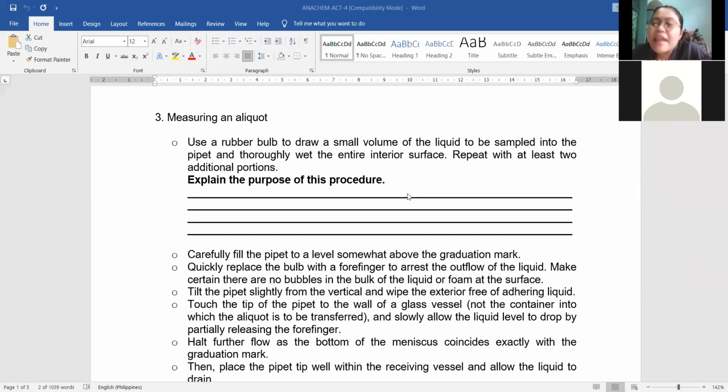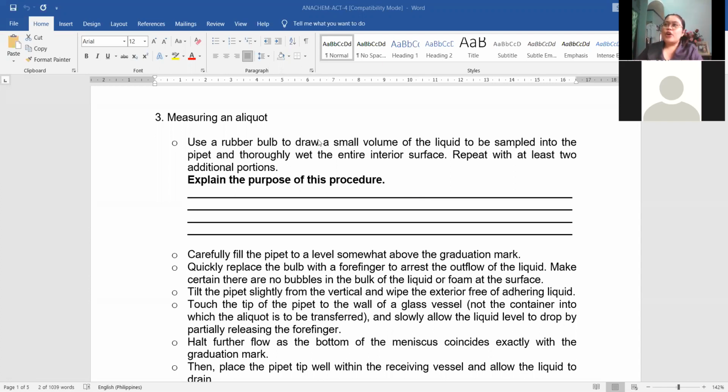the pipette. And just like the washing procedure kanina, we have to wet the entire interior surface of the pipette with the solution na kailangan nating gamitin. And then i-drain natin, and then let's repeat the procedure at least 2 more additional portions. And then sa inyong activity, you have to explain bakit kailangan natin to gawin.